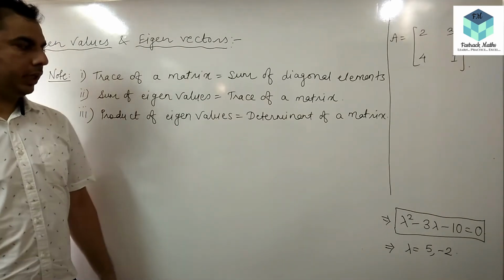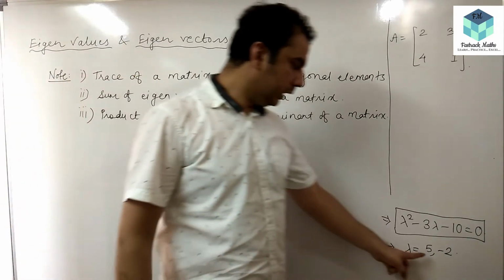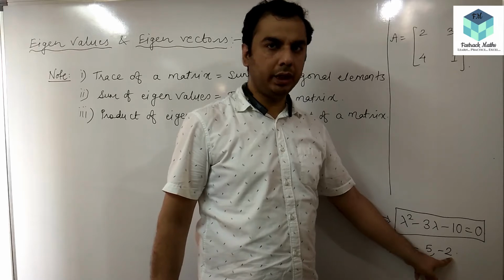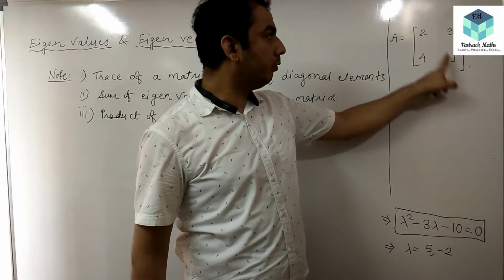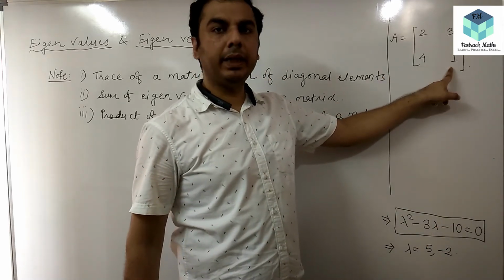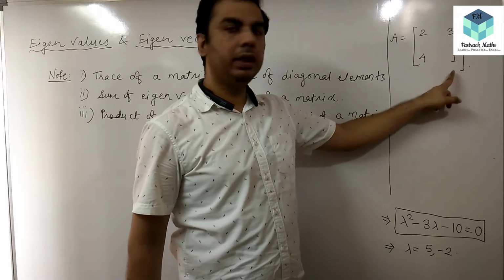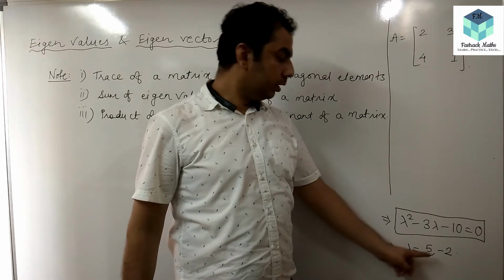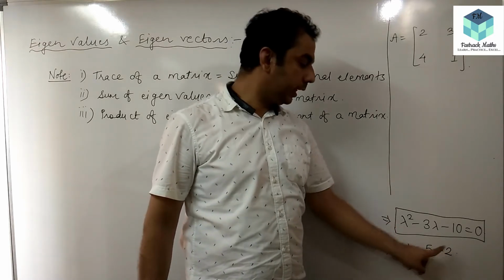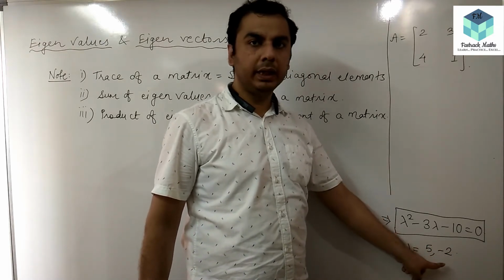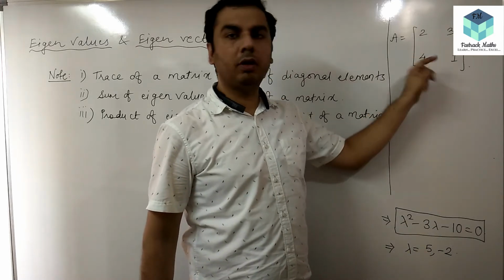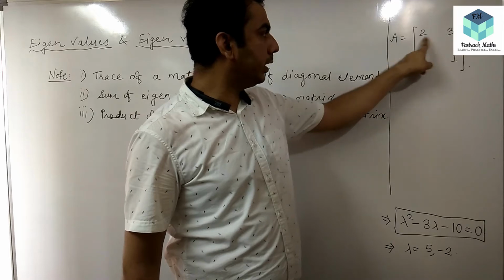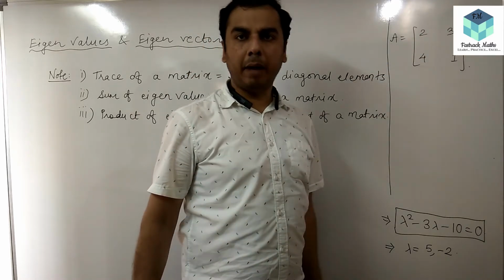Now we can observe that the sum of these two eigenvalues, 5 minus 2, which is 3, is nothing but the sum of diagonal elements of the matrix A. It is 2 plus 1, 3, which is the trace of a matrix. And the product of these two eigenvalues, 5 into minus 2, which is minus 10, is nothing but the determinant of this matrix A. The determinant of this matrix is 2 minus 12, which is minus 10.